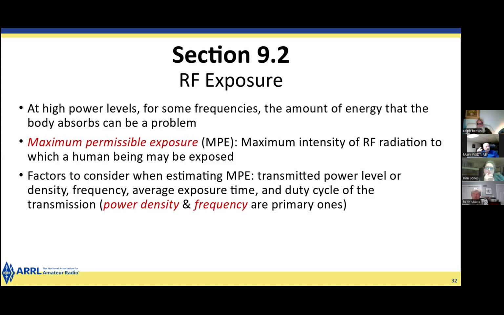The factors to be considered when estimating the MPE would be the transmitted power level or density, frequency, average exposure time, and duty cycle of the transmission. The power density and frequency are the primary ones.